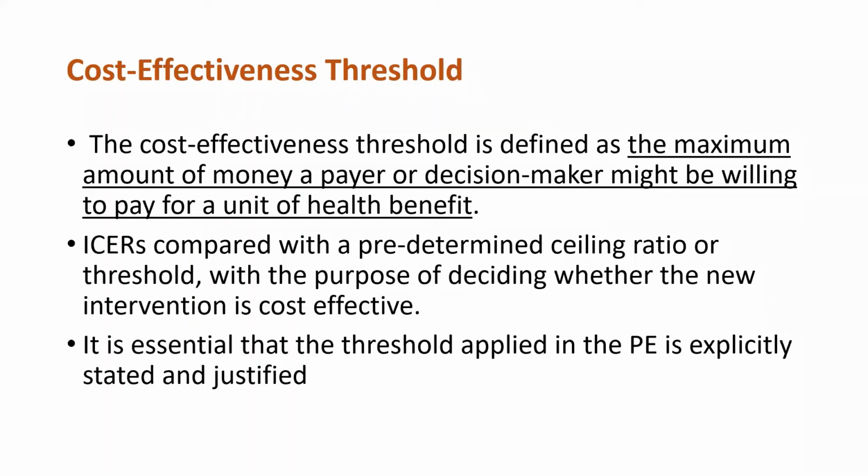However, in general, cost effectiveness threshold is 1 to 3 times the GDP per capita in any country. So it should be clearly defined. For example, my ICER is, say, 20,000 US dollar, and against the cost effectiveness threshold that is commonly used in, for example, the US, this could be cost effective. Next, please.